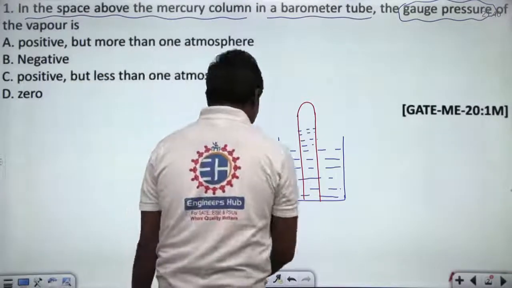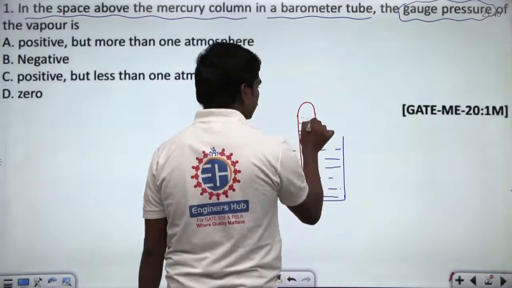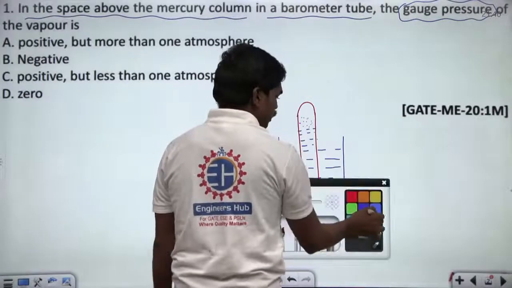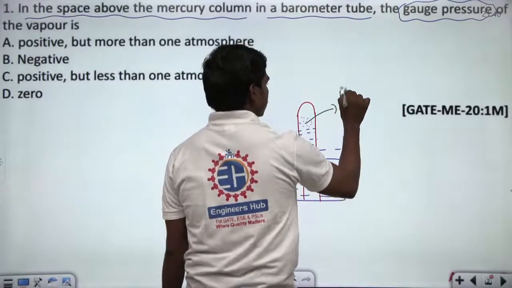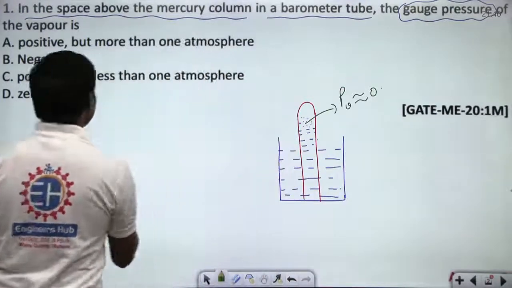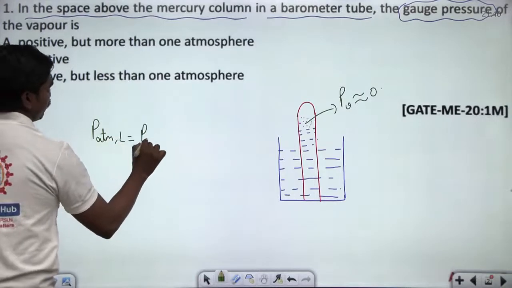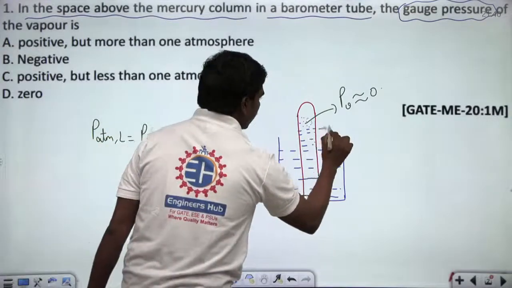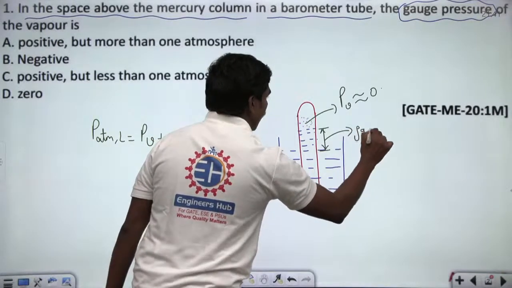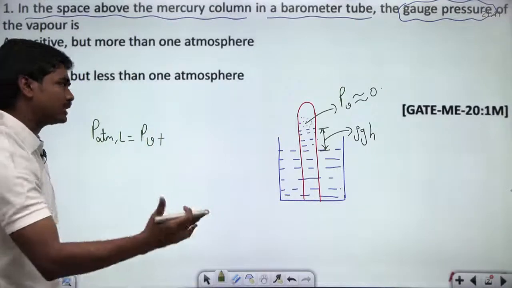Now it's given that this is the vapor of mercury present here. We know the vapor pressure of mercury is almost zero, very small, correct? So the local atmospheric pressure P atm equals P_v plus rho g h, where rho is the density of mercury, g is 9.81 and h is 76 centimeters, which is 0.76 meters.